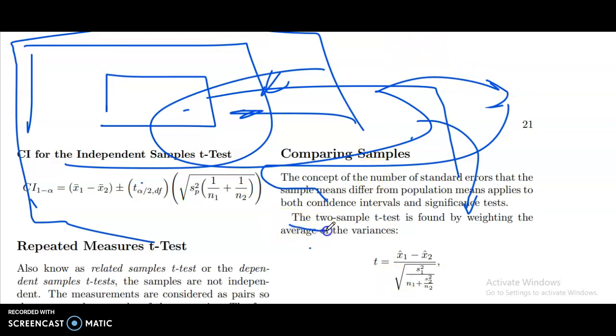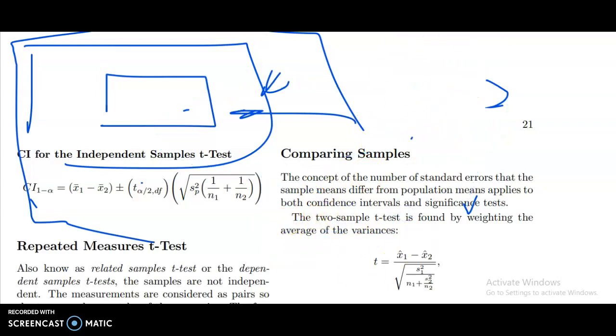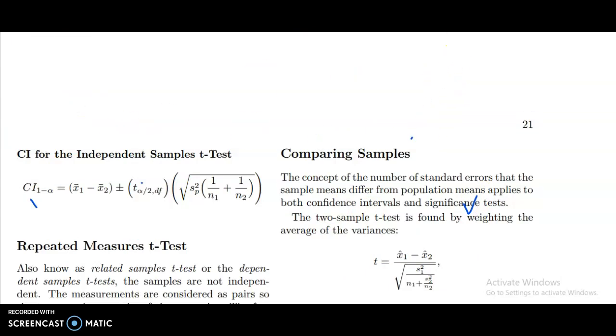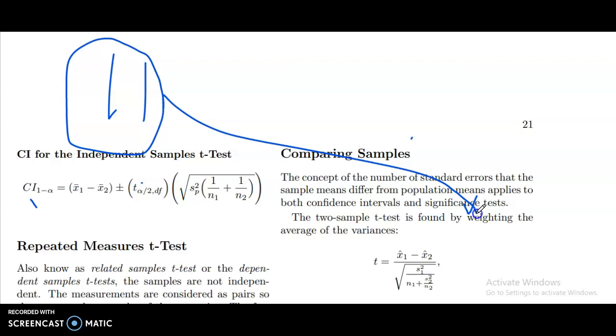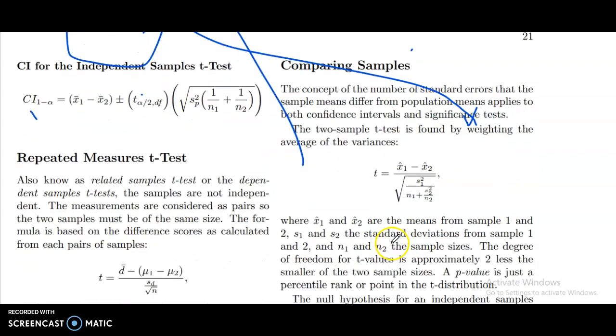T equals x1 bar minus x2 bar, over the average variance.